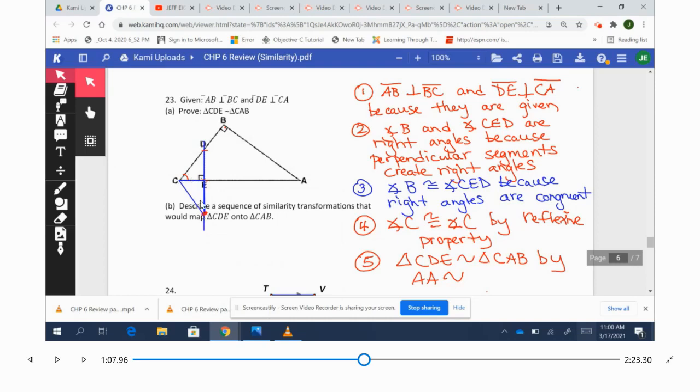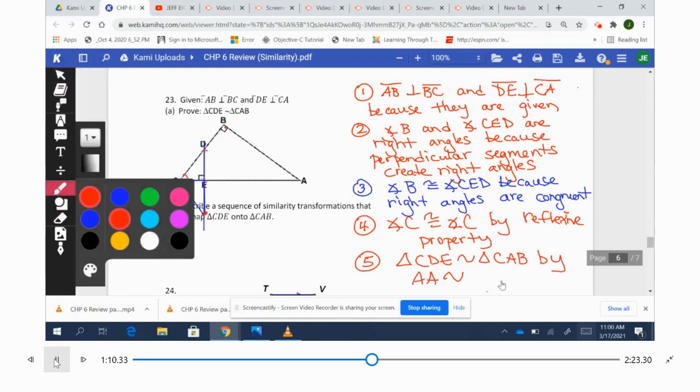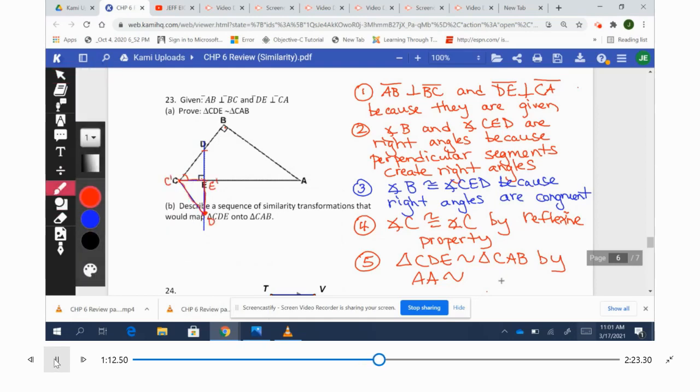So now we have C prime, E prime, D prime. And I then rotated to get D prime up to here, E prime up to there. So you'll see that here in a minute. Once I got those lined up nicely, D prime's got to land on AC, and E prime's got to land on BC.